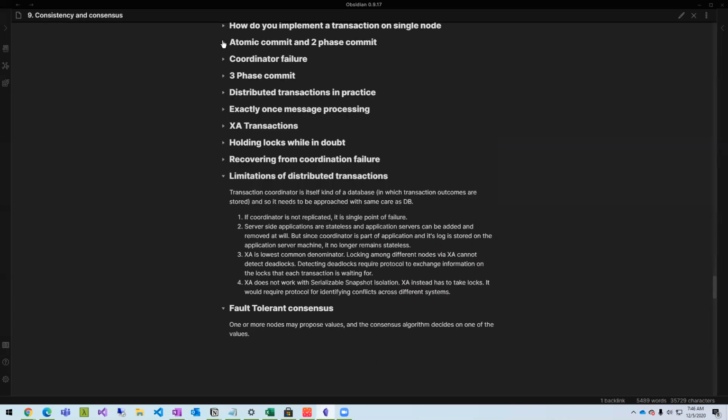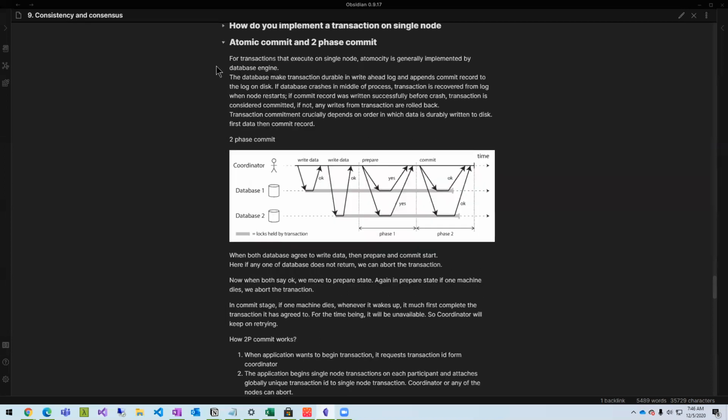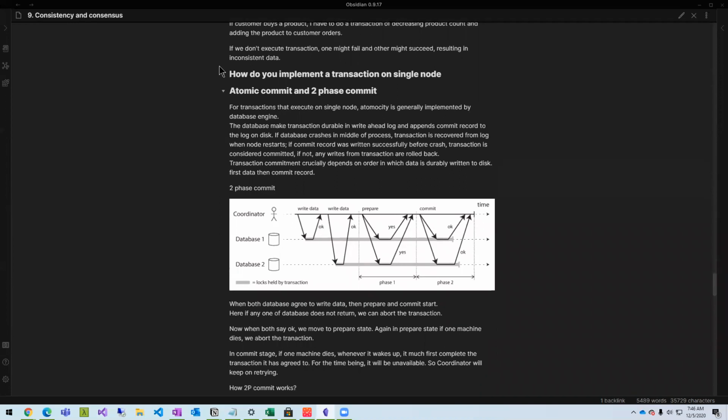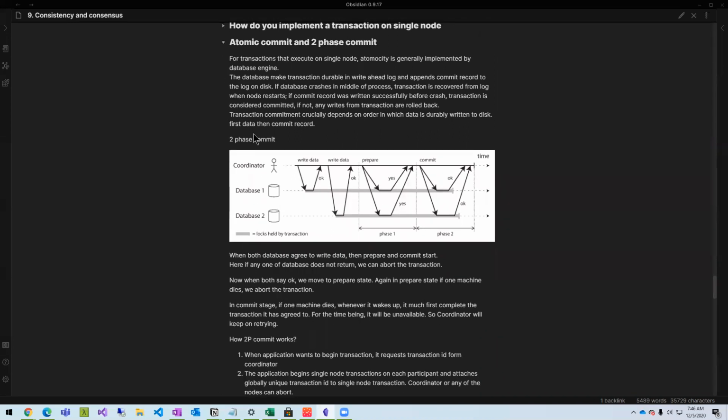Okay. So yeah, now let's move to two-phase commit, right? So the idea behind two-phase commit is that we want to update data in these two different nodes, right?